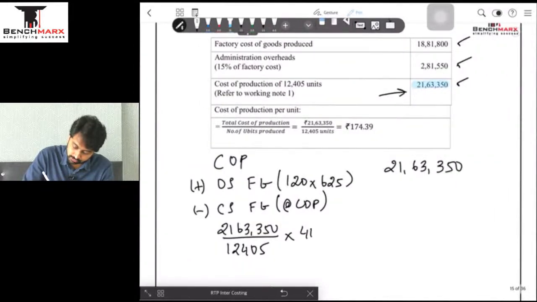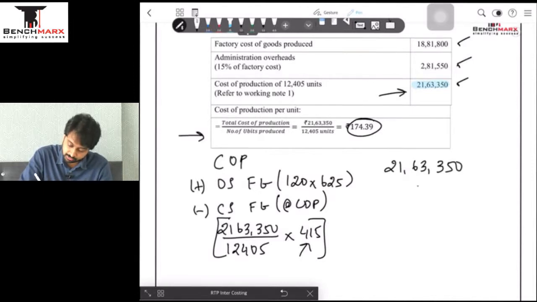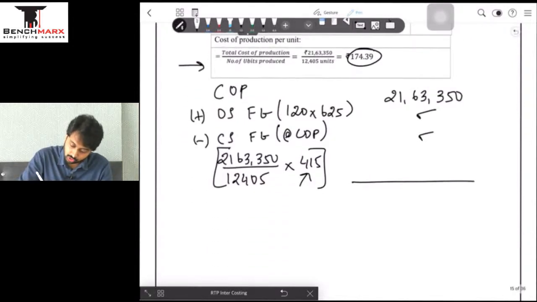This is what has been done here itself. 21,63,350 upon 12,405 will give COP, and this COP will ultimately be used to value my closing stock of 415, and I will get some figure here, and I will ultimately get the cost of goods sold.